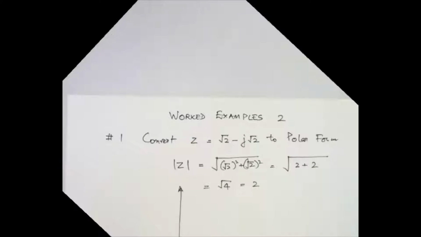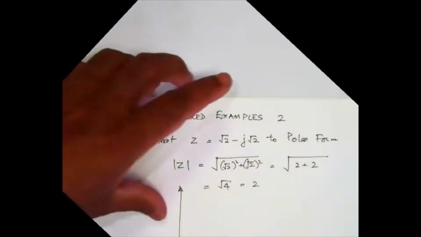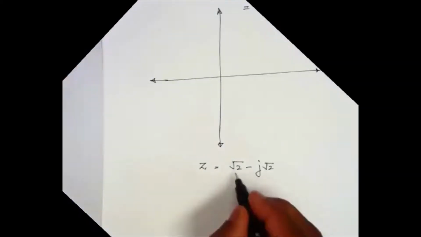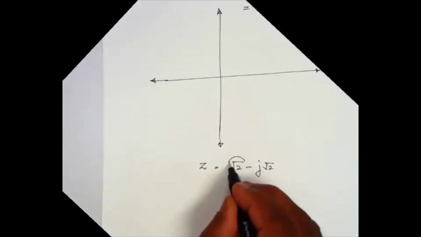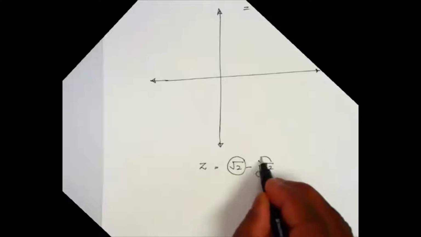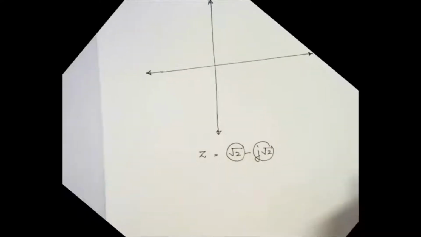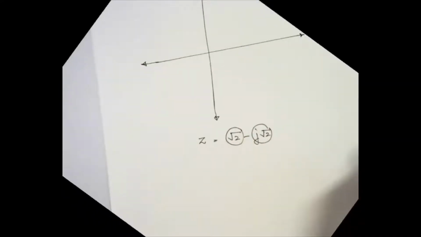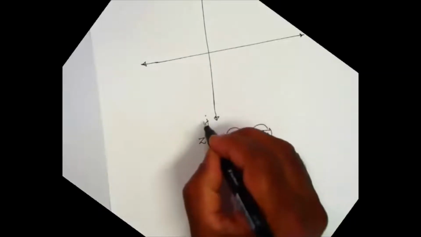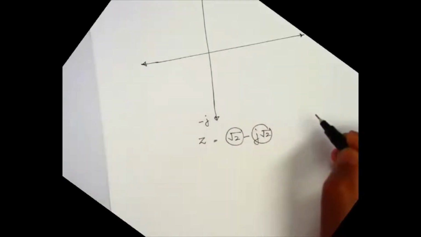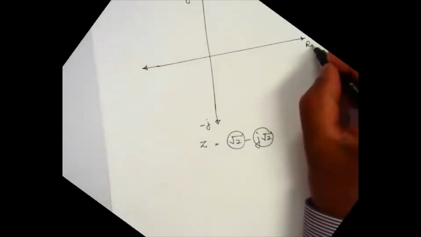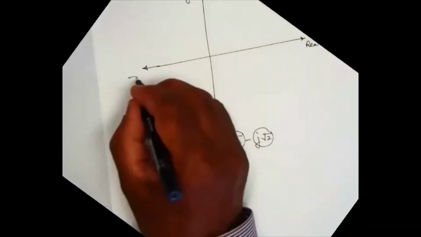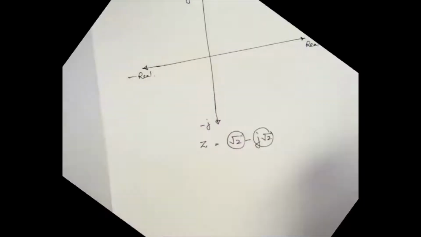You can see the real part is positive and the imaginary part is negative. So this is our negative j axis, that's our positive j axis, that's the positive real axis, that's the negative real axis.